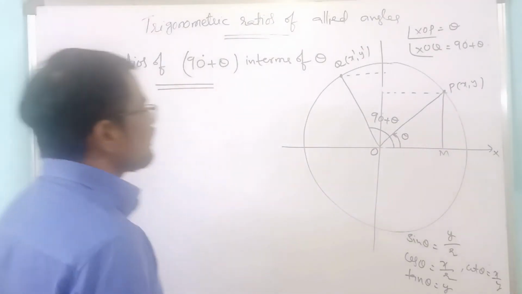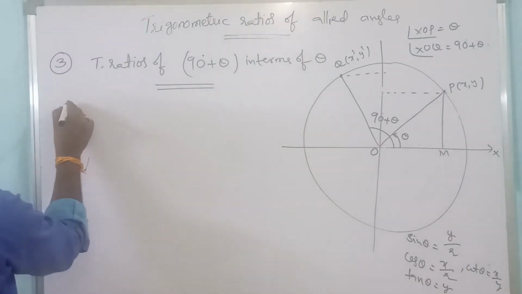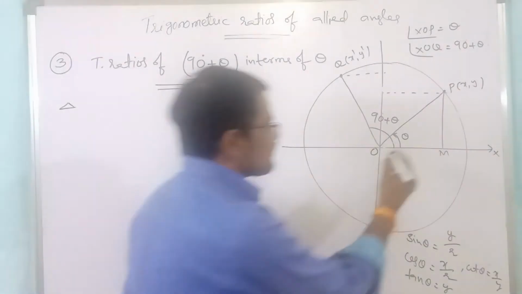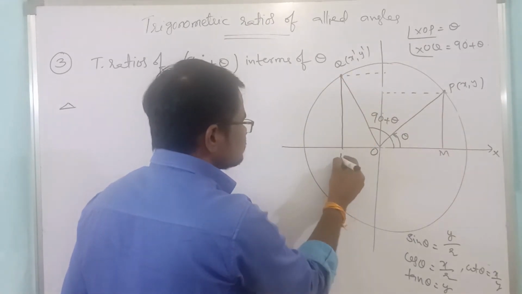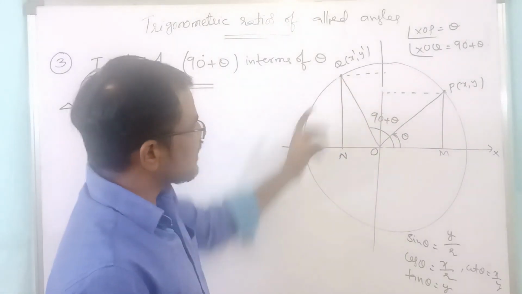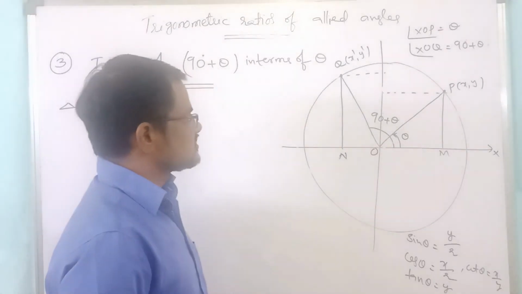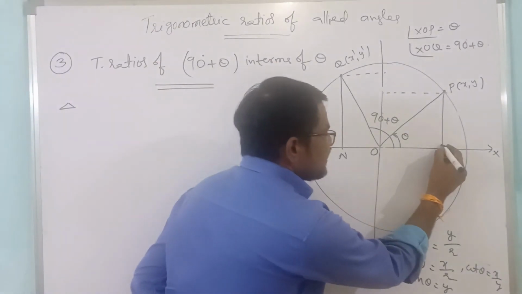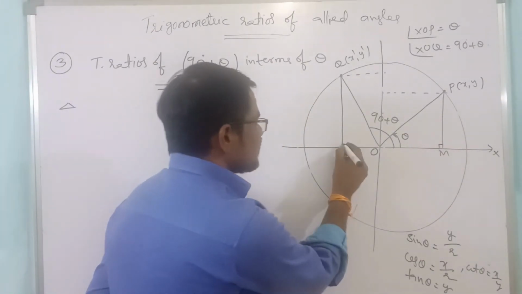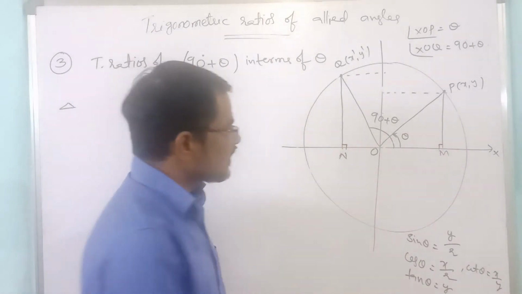Now join this one also. Draw QN perpendicular to the x-axis. Once you observe these two triangles, here it is 90 degrees, here also 90 degrees.